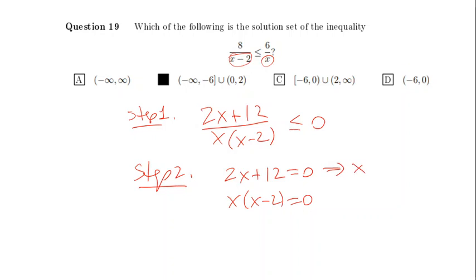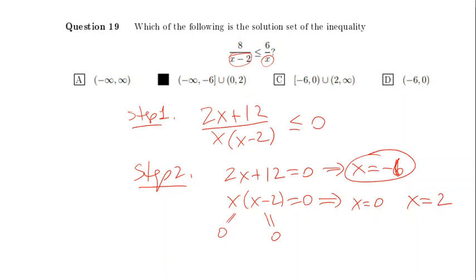When you solve this one, you will get x equal to minus 6. And when you solve this one, you got two options here, x equal to 0 or x equal to 2. So you take both options here. You collect all options and you write all the possible solutions here.